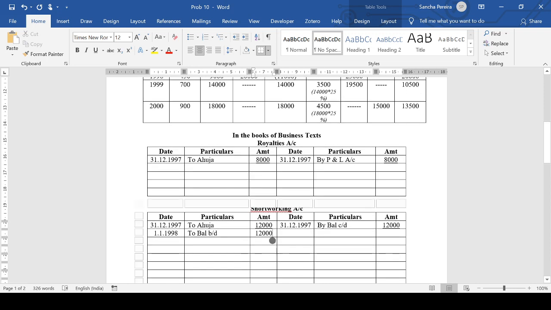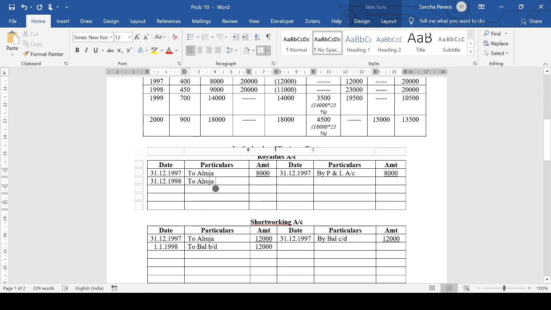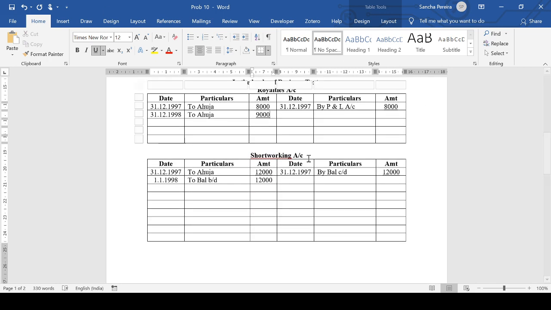So the same entries. The first entry is royalties account debit, short working account debit to landlord, so to Ahuja. Here it's going to be 31st December 1998 to Ahuja. The royalties are 9,000. Short working to Ahuja.